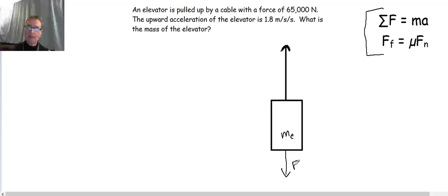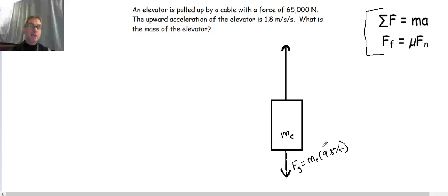So we're going to have the force due to gravity on our elevator, which is going to be the mass of the elevator times 9.8 meters per second squared. The fact that we're drawing it in the downward direction gives us that negative vector, and so we'll include that negative sign when we put that into our equation. I'm not putting the negative sign right in here; I'm going to put the negative sign in the equation itself.